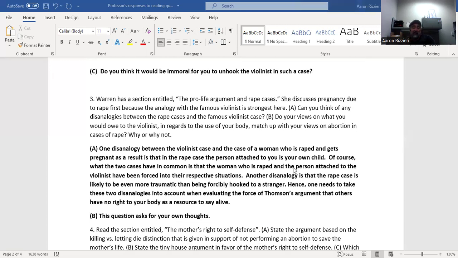Well, in case of rape, the woman's forced to have sex, and if that leads to conception, that means the conception itself was forced. So there's a direct parallel in terms of a lack of autonomy in choosing to have sex, which could lead to pregnancy, or choosing to be attached to a violinist.